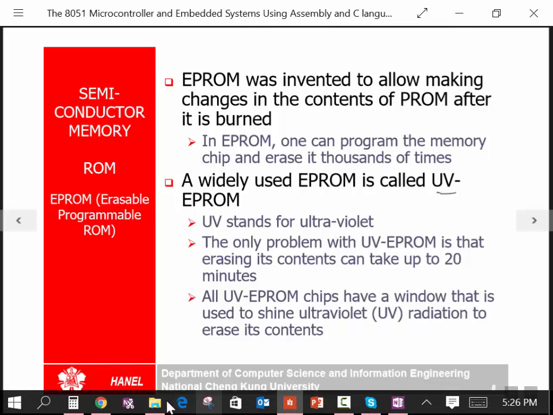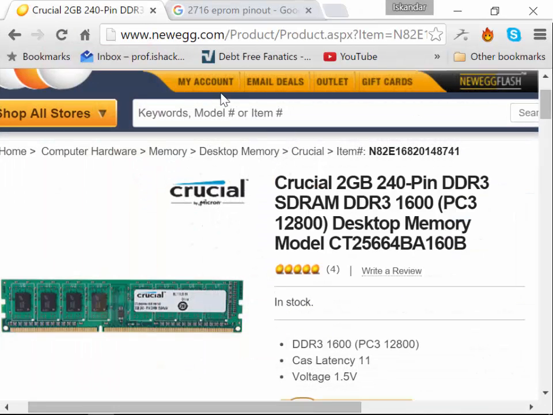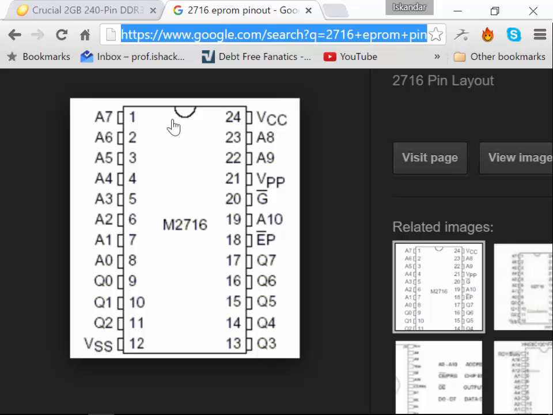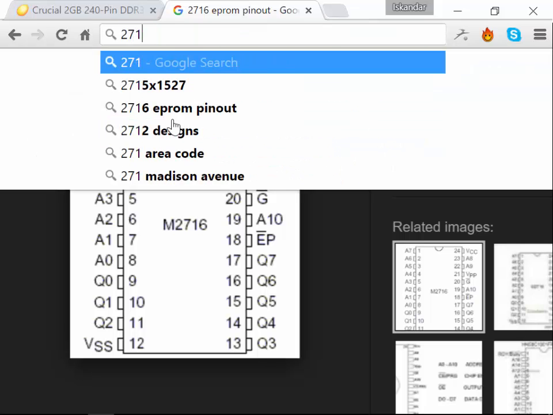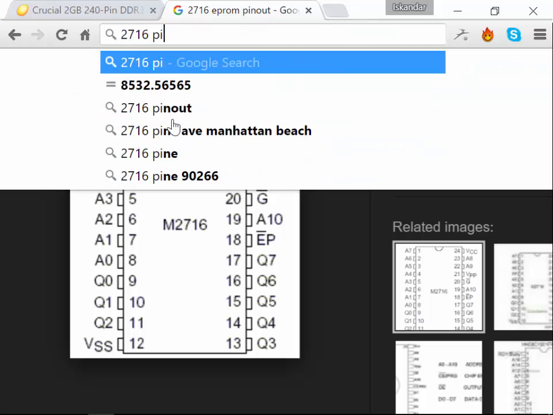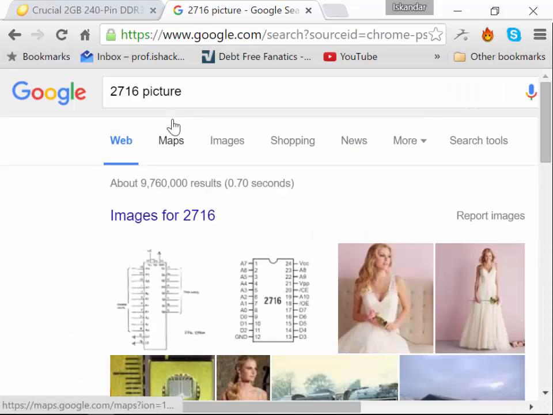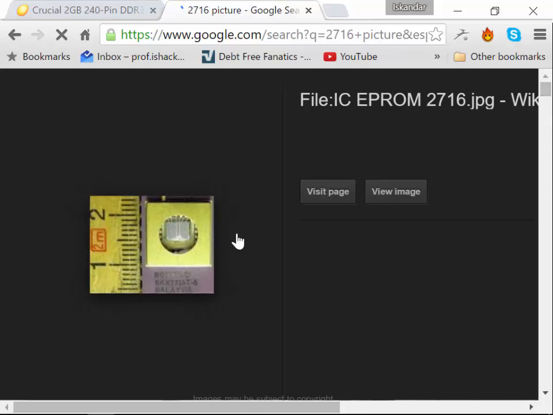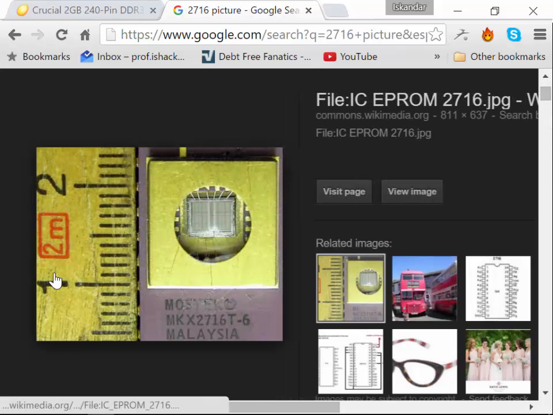But I quite often will talk about the 2716 picture. I want to have a picture of one. That's not really a very good picture.